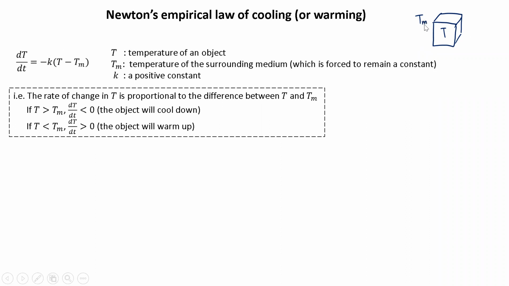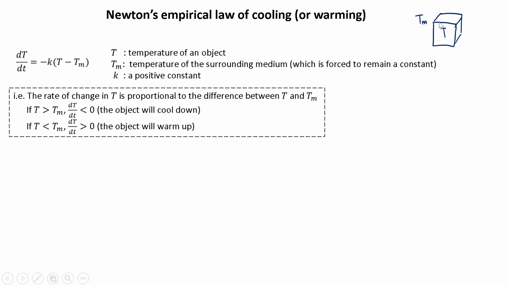So Tm is always the same Tm, right? Because you can imagine that if this is a hot piece of metal, if the surrounding air initially is cold, and as the energy transfers from the metal to the surrounding, you could imagine that actually the Tm itself will increase a little bit, right?